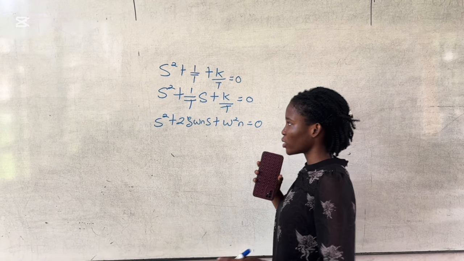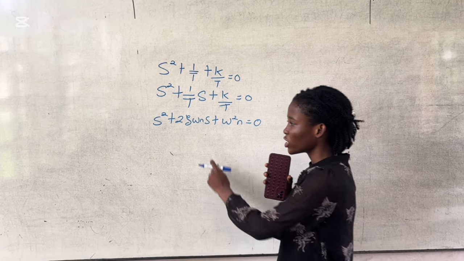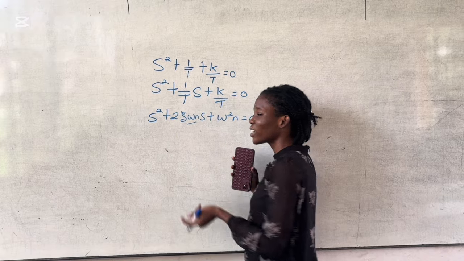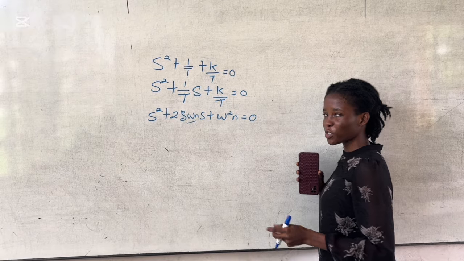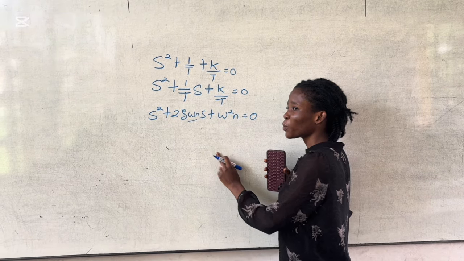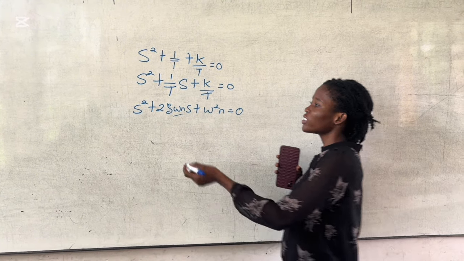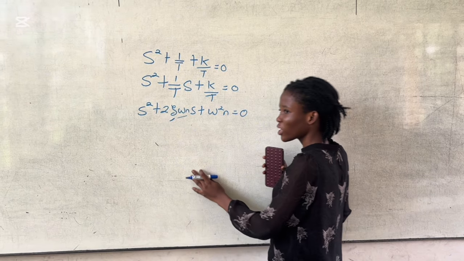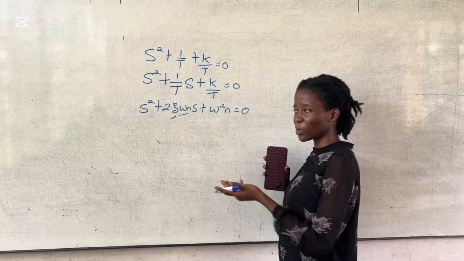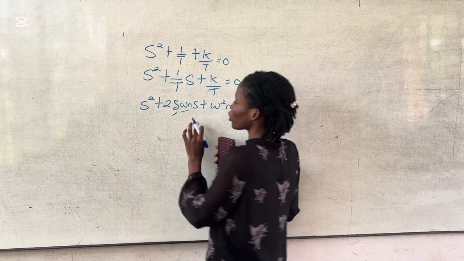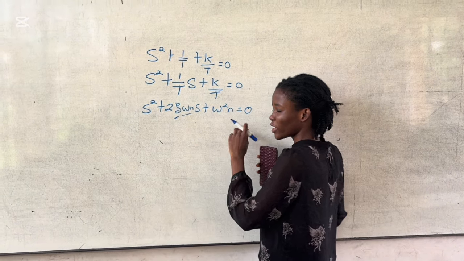All right. So with this equation, omega n stands for the natural frequency, which represents how oscillatory the system is, and zeta determines how oscillatory the system response is. So from this, we are going to compare the coefficients.